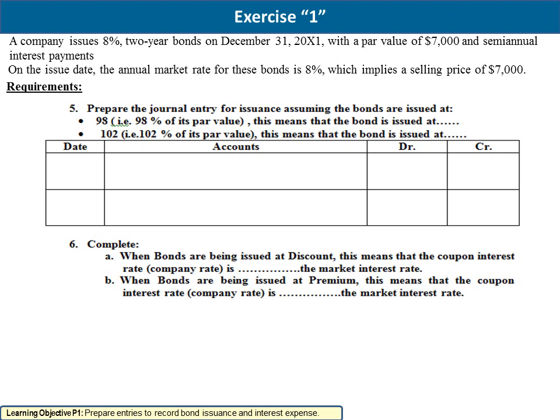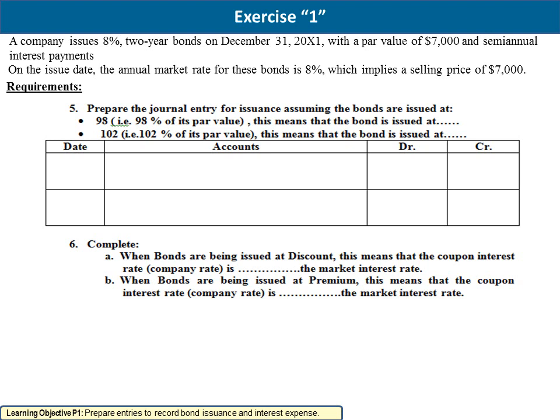Please be aware that the selling price is $7,000, which is equal to the par value. Why is that? Because this bond offers an 8% interest rate, which is equal to the market interest rate, which is also 8%. So this will make the bond sold at par, at a value equal to the par value.